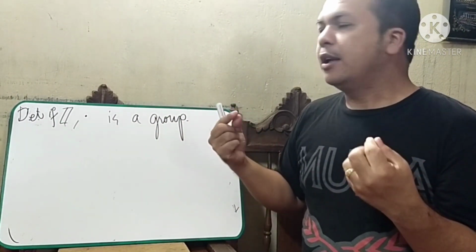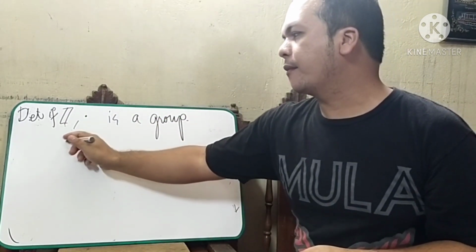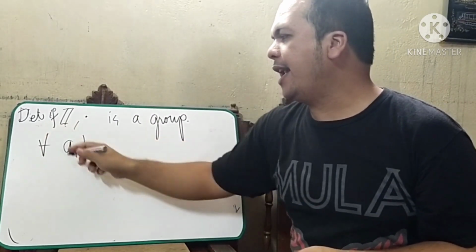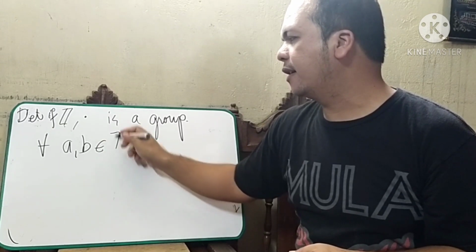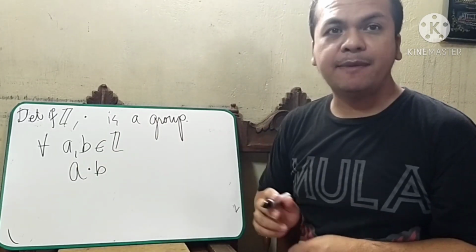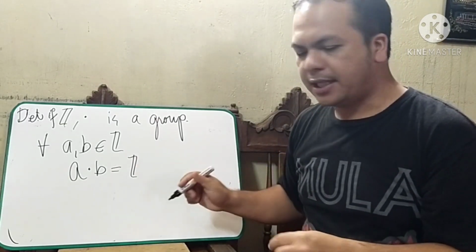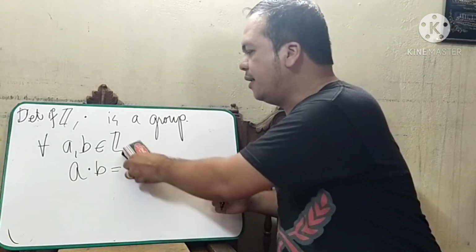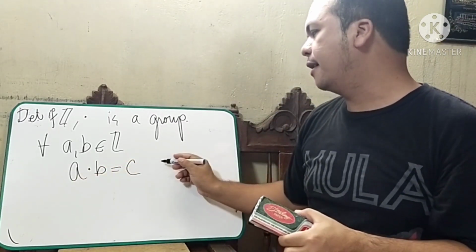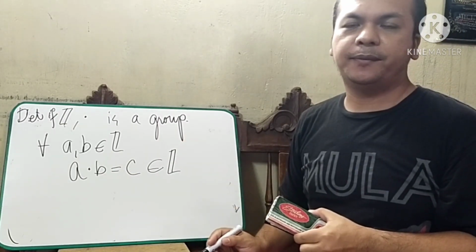isipin natin na kung meron ba tayong dalawang integers, for example, say A and B, for any two integers A and B, ang product ba nila, A times B, is also an integer, say C. The product of A and B is C. Ang tanong, itong C ba is also an integer?